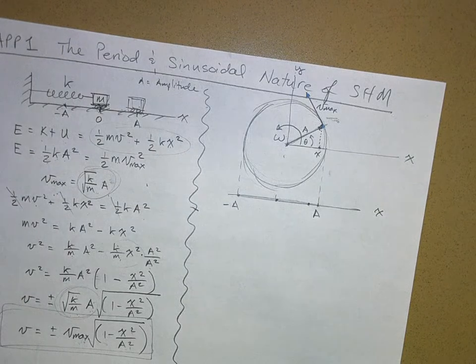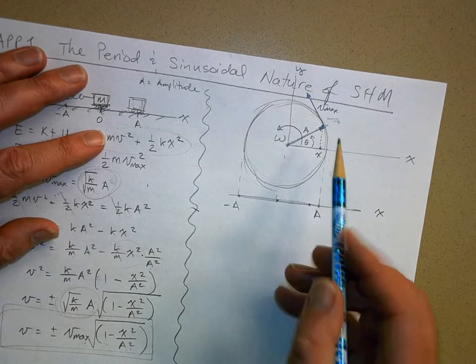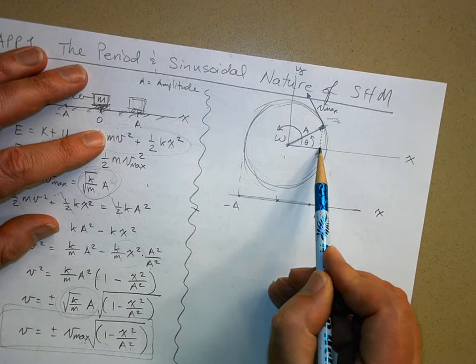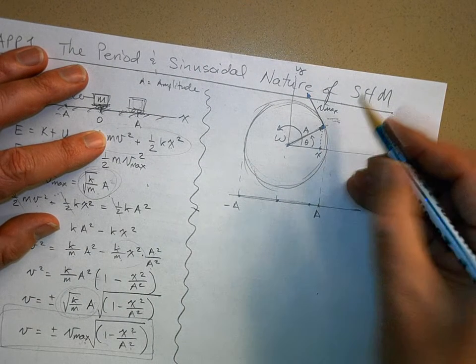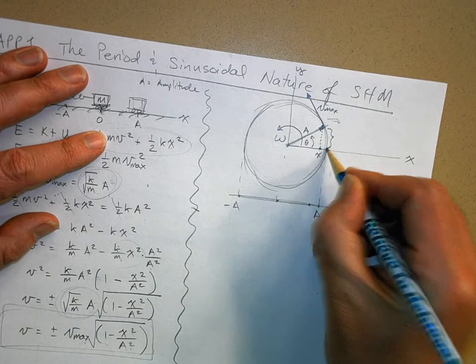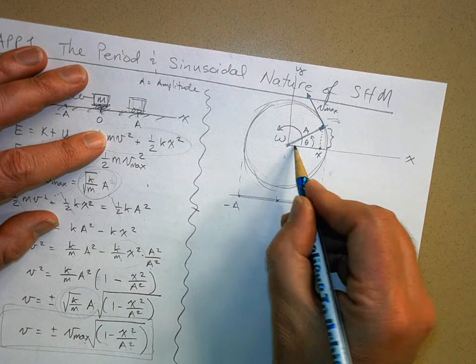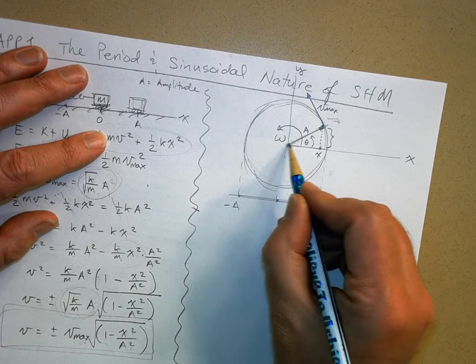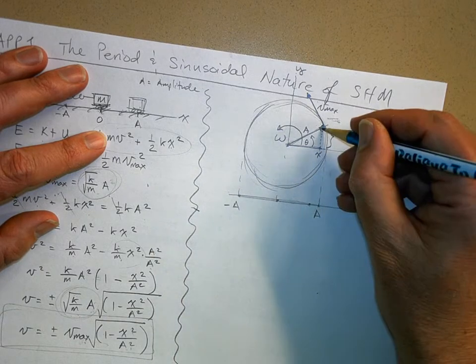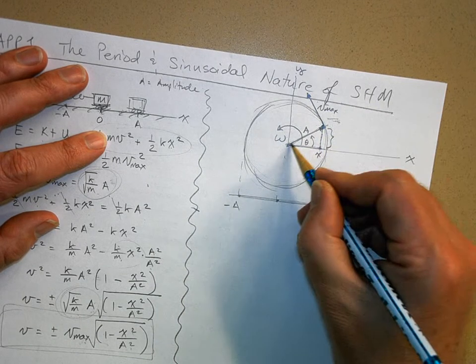Now, I'm going to do a little bit of geometry. I've got a triangle here. I've got X. I've got A. Now, what would this distance here be, if I'm looking at this right triangle? Here's its X component, its Y component, and here's its position right here.